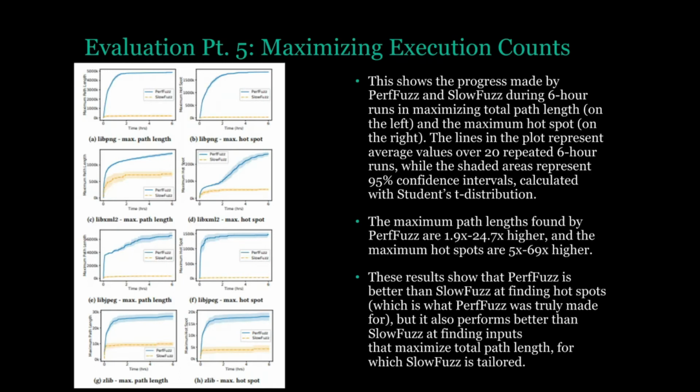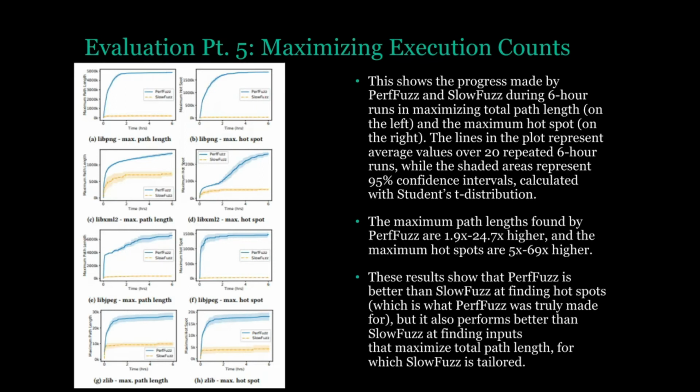As you can see, PerfFuzz completely outperforms SlowFuzz in every competition. PerfFuzz finds inputs that are significantly worse performing than SlowFuzz by both metrics. And it should be remembered that SlowFuzz actually produces more inputs in every test, from as many as 1.7 times more than PerfFuzz with XML, and 17.7 times more inputs for JPEG.